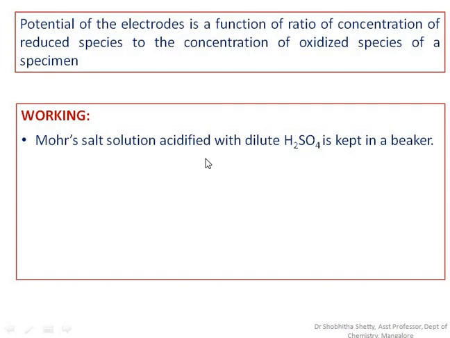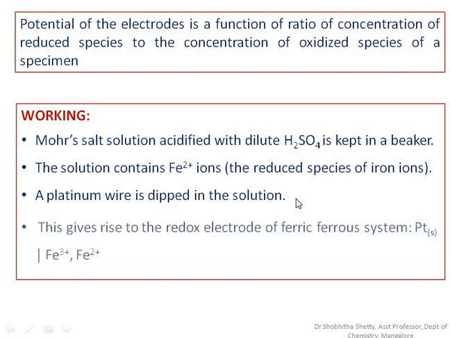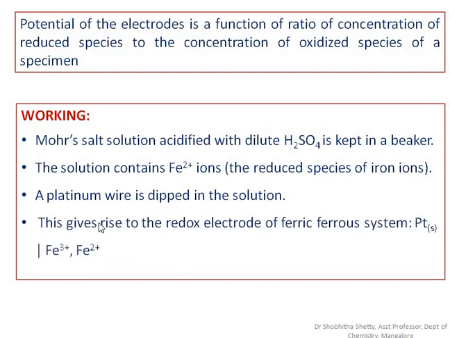We need acidic condition, and now the solution contains Fe2+ ion, the reduced form of iron. Now a platinum wire is dipped in the solution, and when you start adding the dichromate from the burette, the redox electrode of the ferric ferrous system is established.